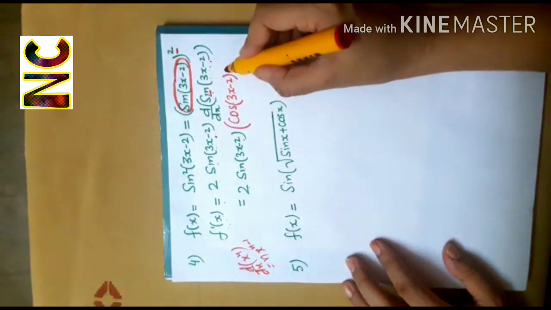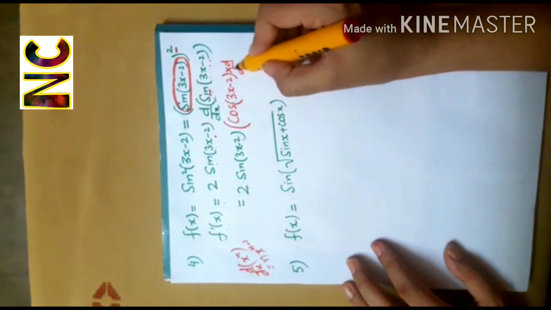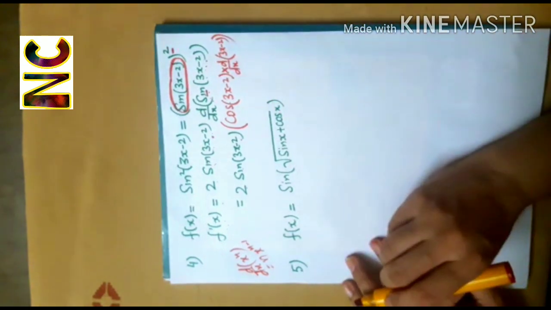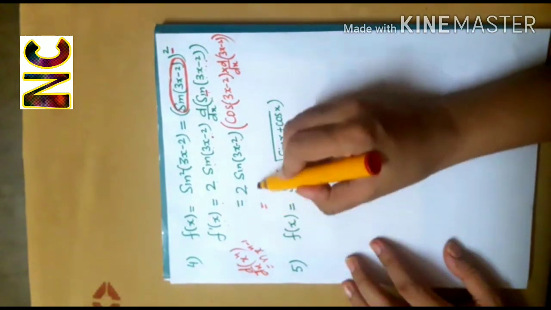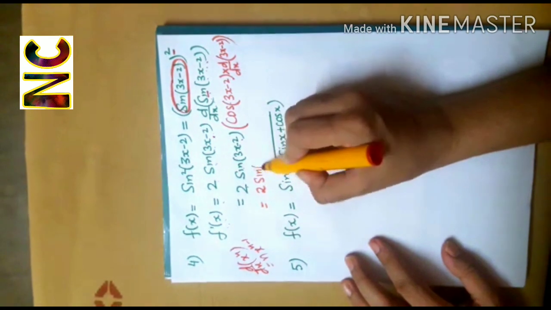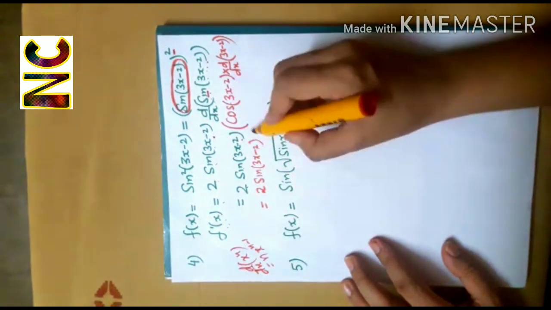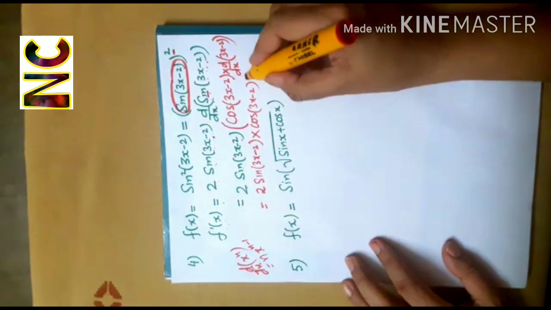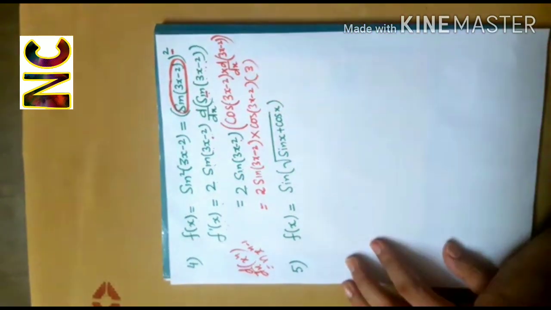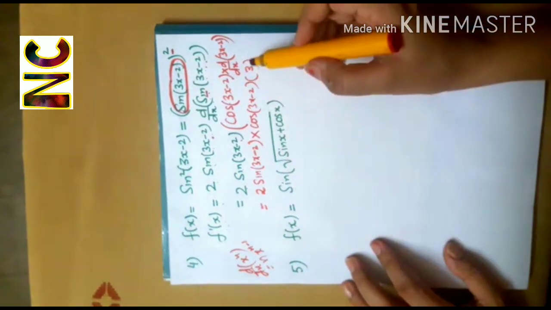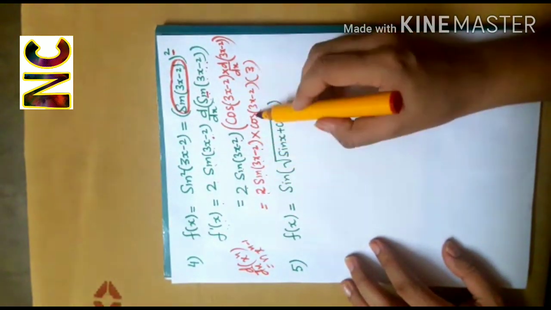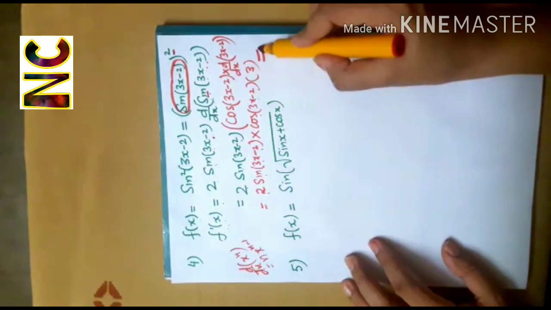Now multiply it with the derivative of the inner function. So it will be 2 sin(3x − 2) times cos(3x − 2) times 3, which can be written as 3 times 2, 6 sin(3x − 2) cos(3x − 2).